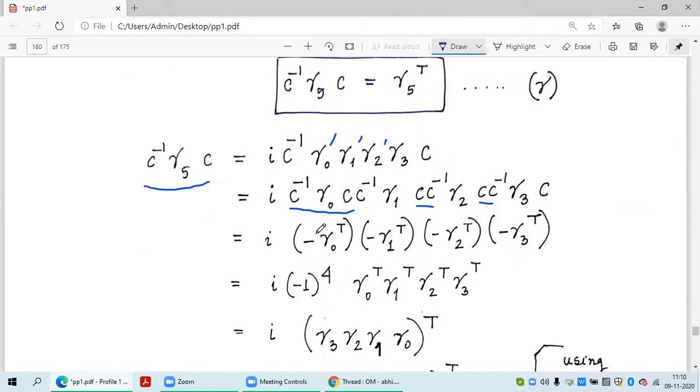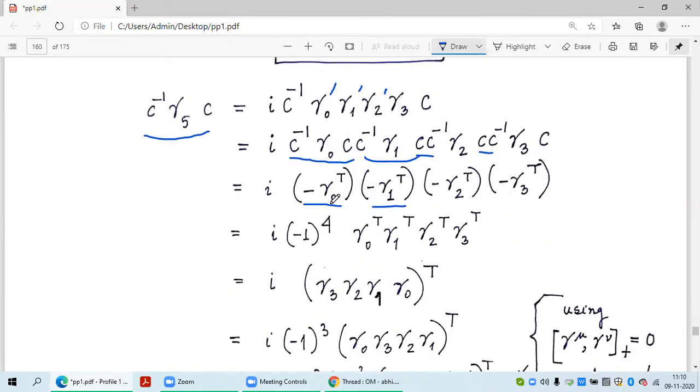Therefore this will give you minus gamma 0 transpose. The next term will give you minus gamma 1 transpose, like this. So you get 4 terms. Now all the 4 minus signs will give you minus 1 to the power 4, which is 1, and the rest is this. Now you can make this whole transpose.